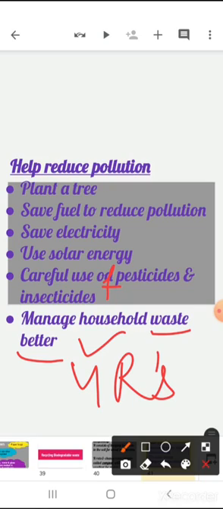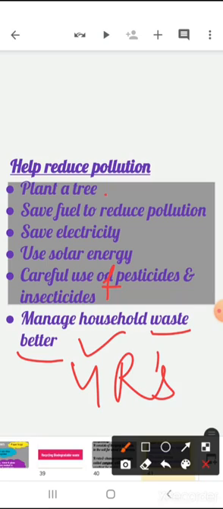Right? So if we follow the 4 R's in our daily life, we can help the environment, keeping it clean and healthy.